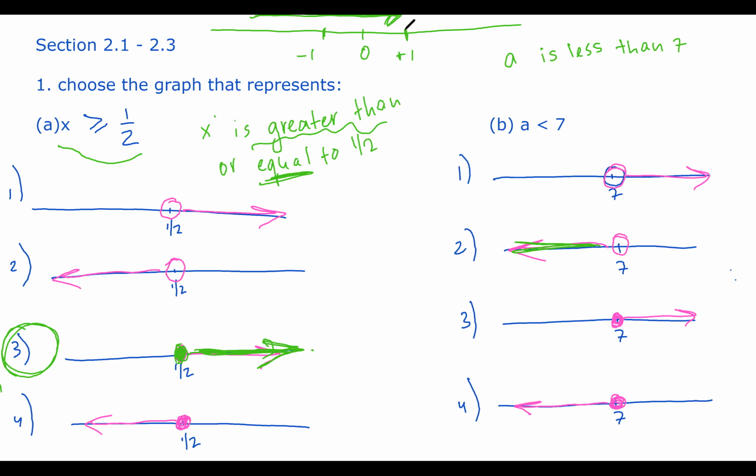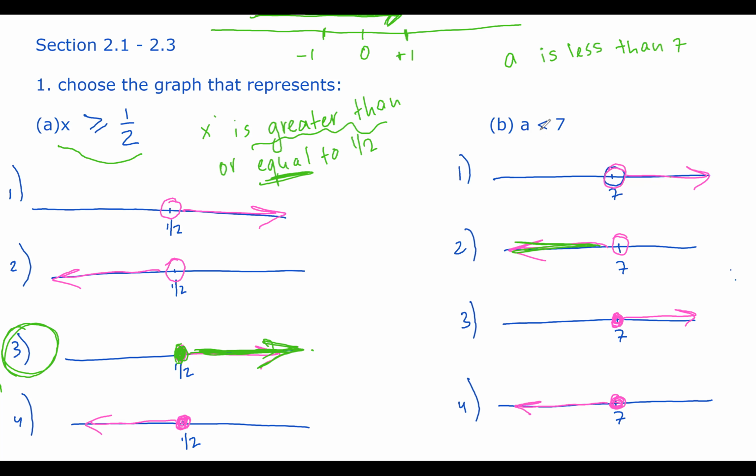Sorry, I reached the ceiling of the whiteboard there. 7 and 4. Now, it doesn't say that it can be equal to it, so I don't have this sign over here.